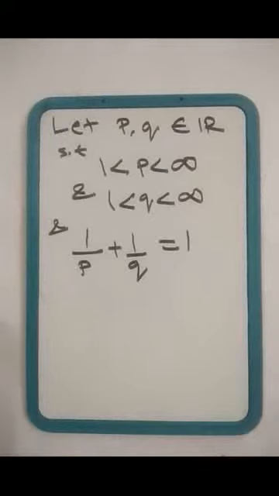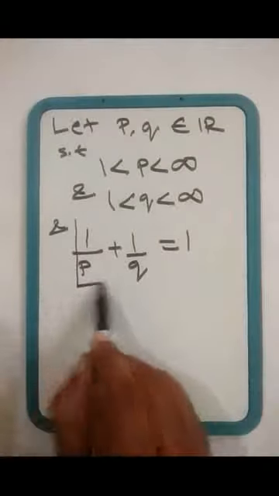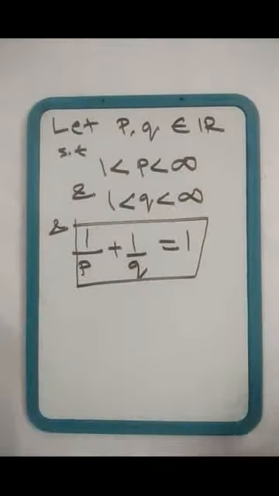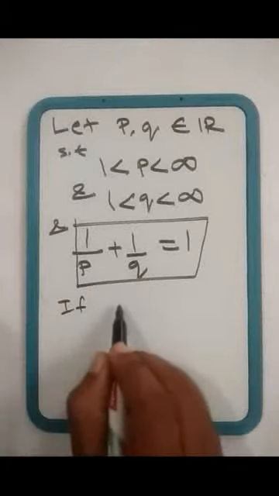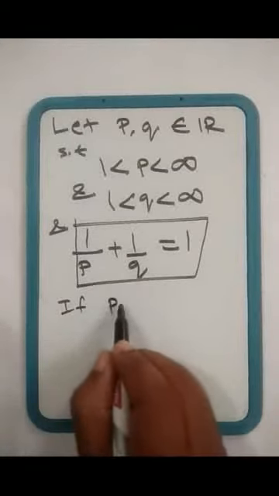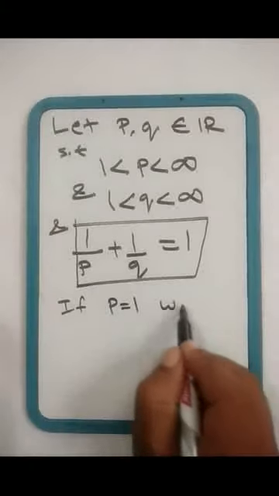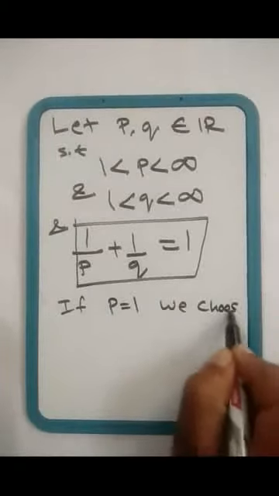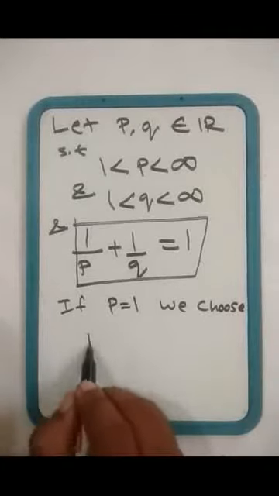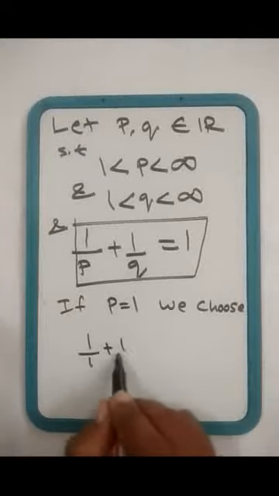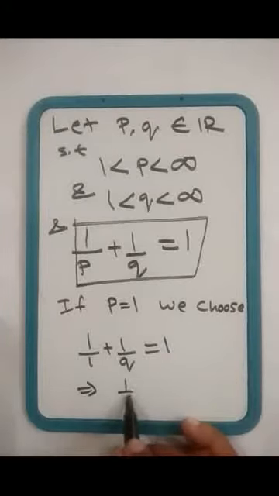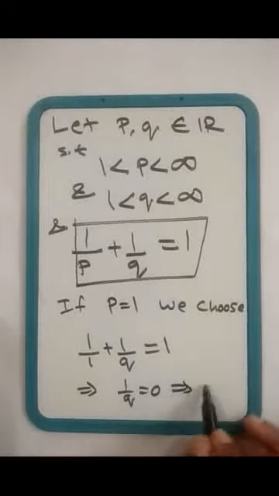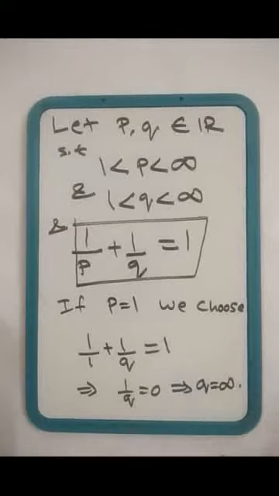Okay. So what do we have? Let's look at this condition, 1 by P plus 1 by Q is equal to 1. Observe the following fact. If P is equal to 1, what do we get? 1 divided by 1 plus 1 divided by Q is equal to 1, thereby implying 1 by Q is equal to 0, thereby implying Q must be infinity.